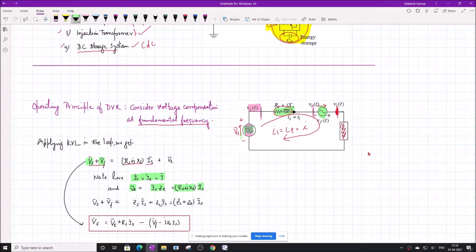And therefore we can again rewrite this equation as VS plus VF equals ZS into IS plus ZL into IS, equals ZS plus ZL into IS. So this first becomes VL, this together is actually VL, this forms the VL term and this forms the drop across the feeder.